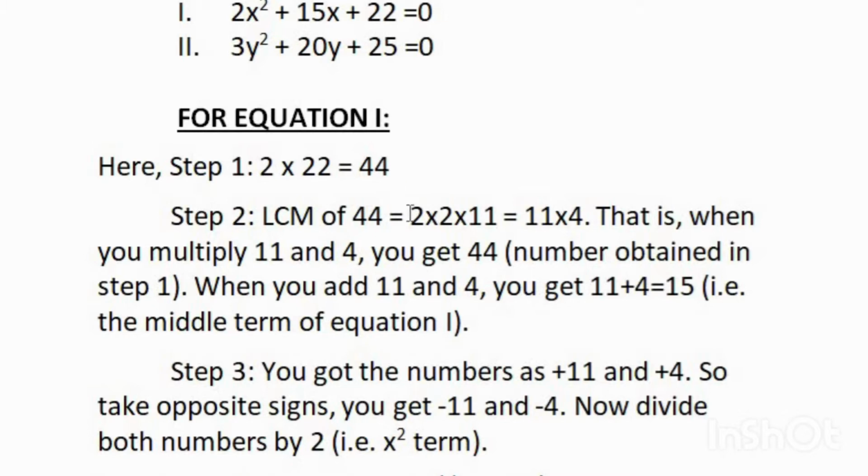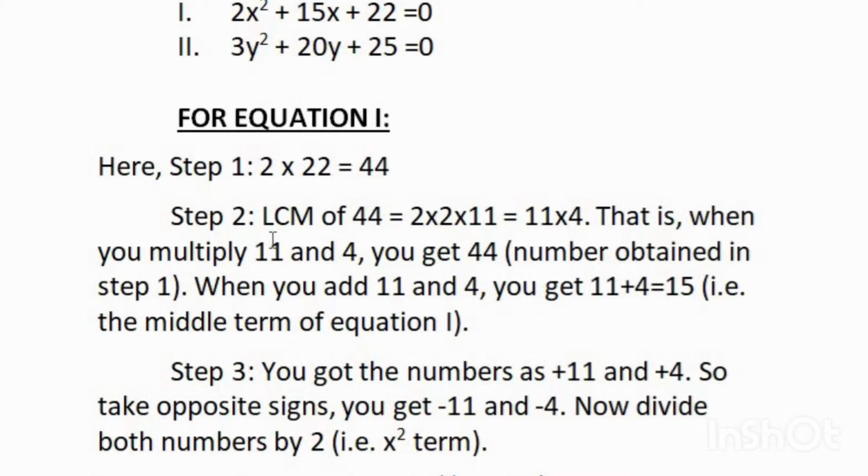Now take the LCM of 44. The LCM of 44 is 2 into 2 into 11, which can be written as 11 into 4. Why have we written it like that? Because when you multiply 11 and 4, you get the answer obtained in step 1, that is 44. And when you add 11 and 4, you will get the middle term. In the first equation, the middle term is 15.